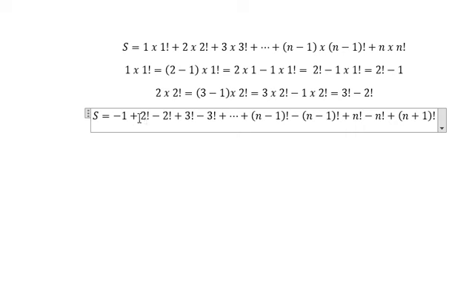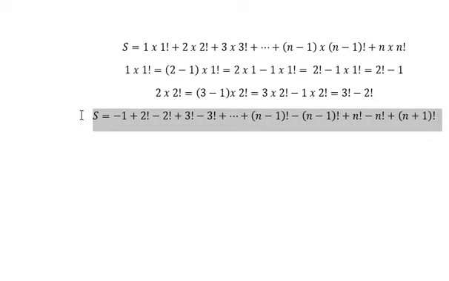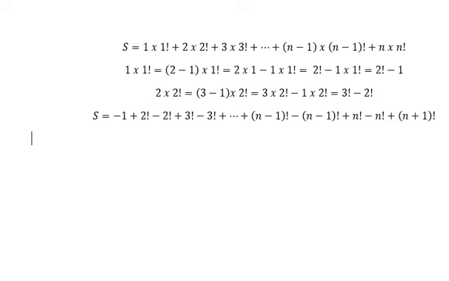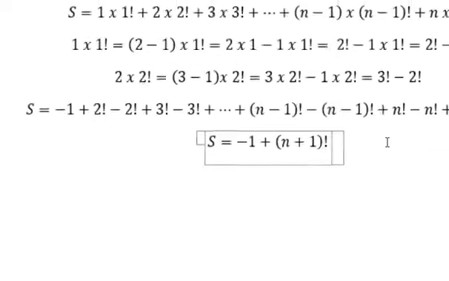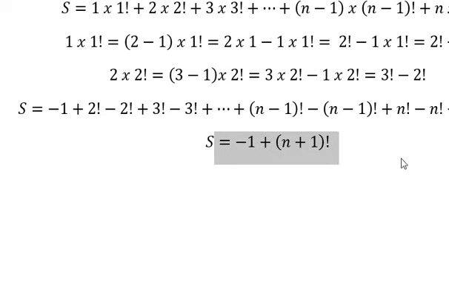So this one cancel, this one cancel, this one cancel, this one cancel. So if we simplify this one, we just have like this. And that is the final answer.